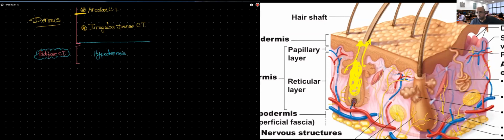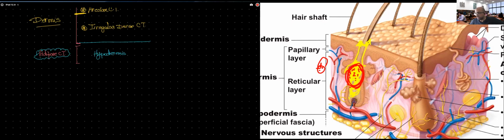This is fat. So who's going to be in love with this fat that you are accumulating and it can't get out? Bacteria. So the bacteria will start to break down this fat and will form clusters and colonies and will cause the infection within the hair follicle.